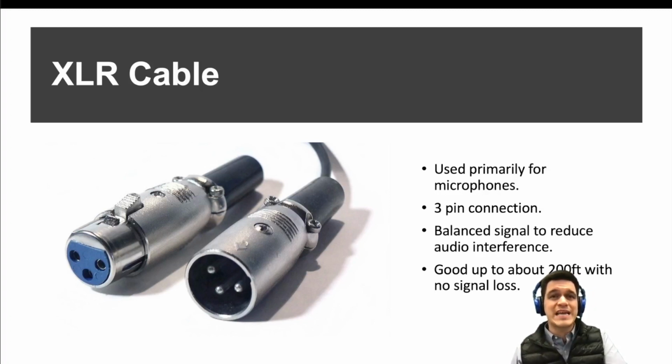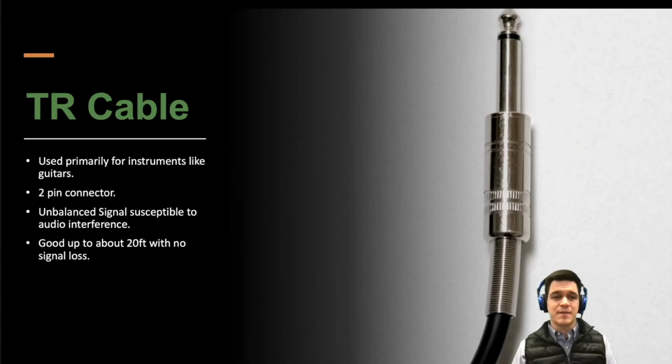It is a 3-pin connection. You can see here that we have 1 pin, 2 pin, and 3 pins. On the female end of the cable, we have those same 3 pins. That provides us a balanced audio signal, which reduces unwanted audio interference and is generally good for about 200 feet.